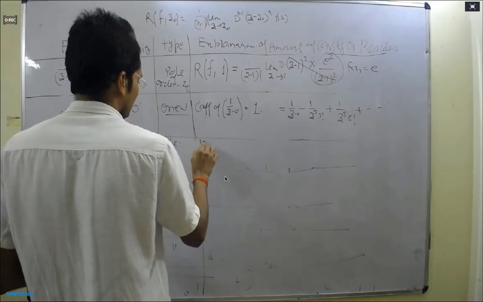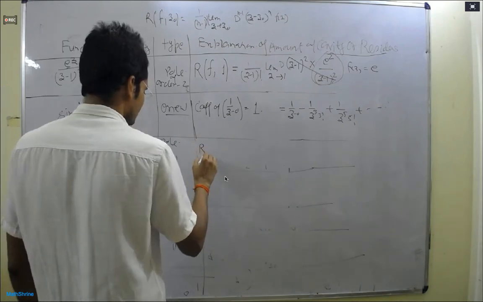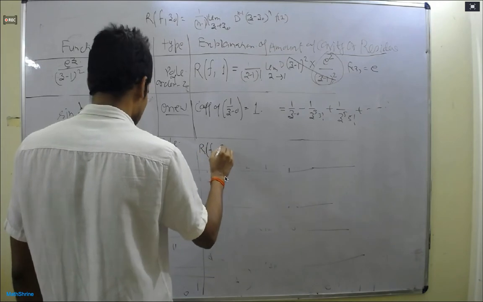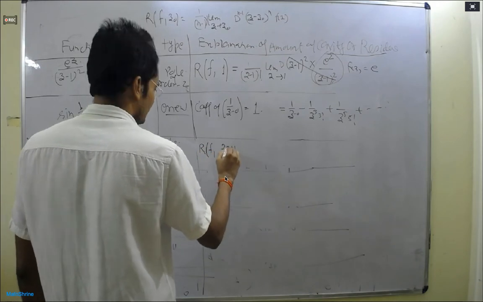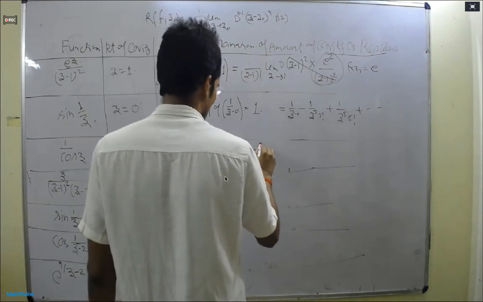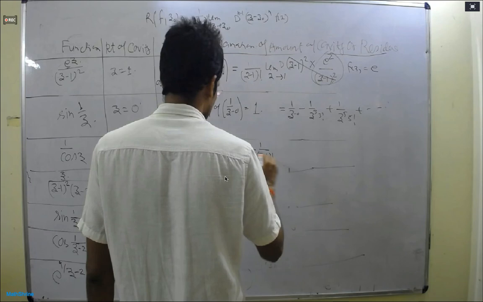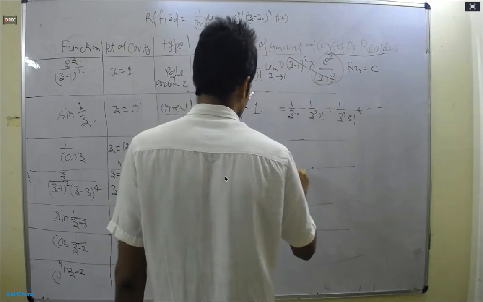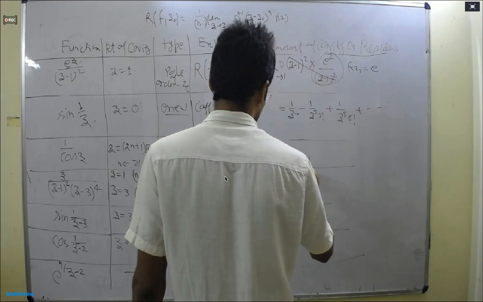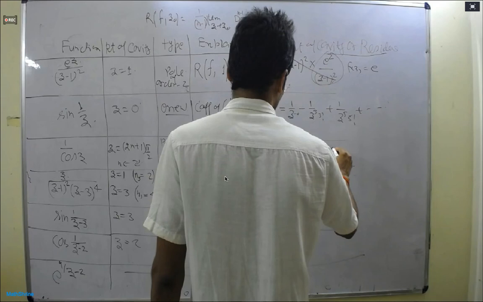So the residue of the function at 2n plus 1 pi by 2 will come out 1 upon 1 minus 1 factorial, limit z tending to 2n plus 1 pi by 2, of z minus 2n plus 1 pi by 2 into 1 upon cos z.